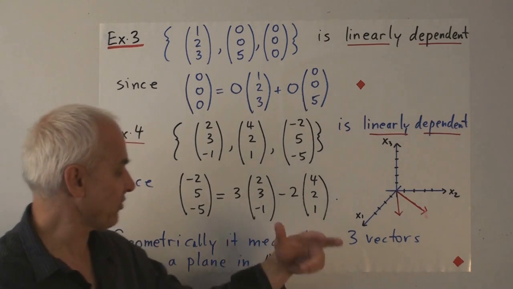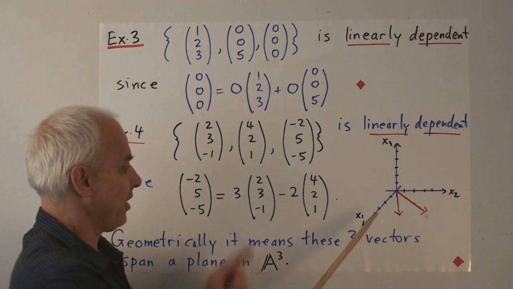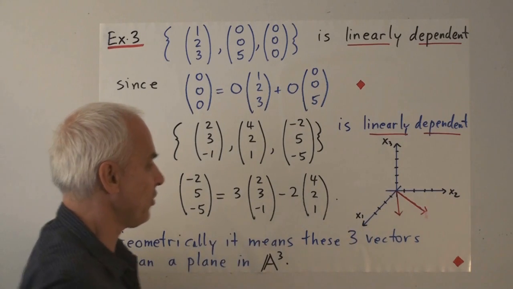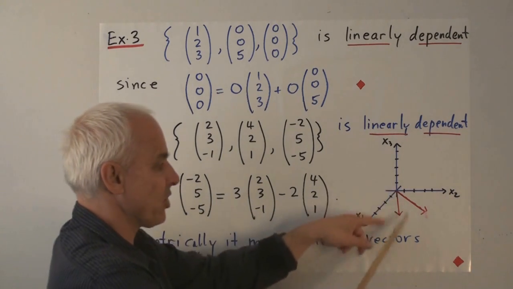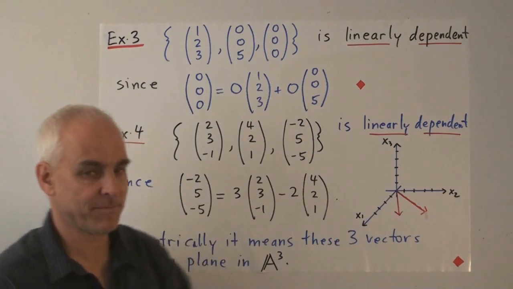Geometrically, it means that these 3 vectors lie in a plane, because if there's the vector (2, 3, -1) and there's the vector (4, 2, 1), then this vector is some linear combination of them. So all 3 vectors lie in a plane.